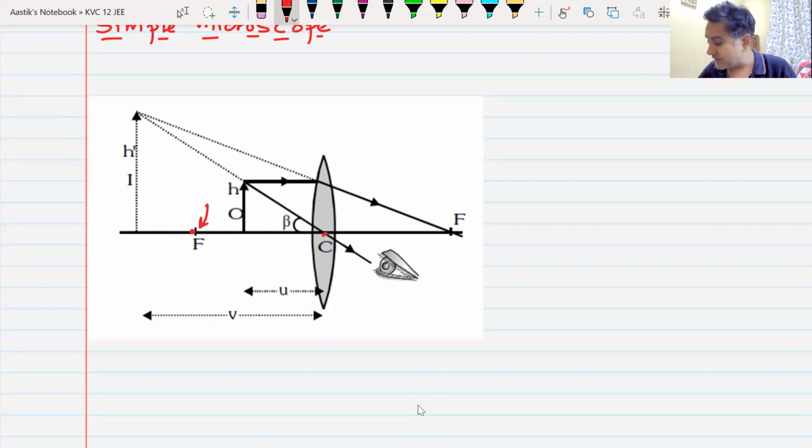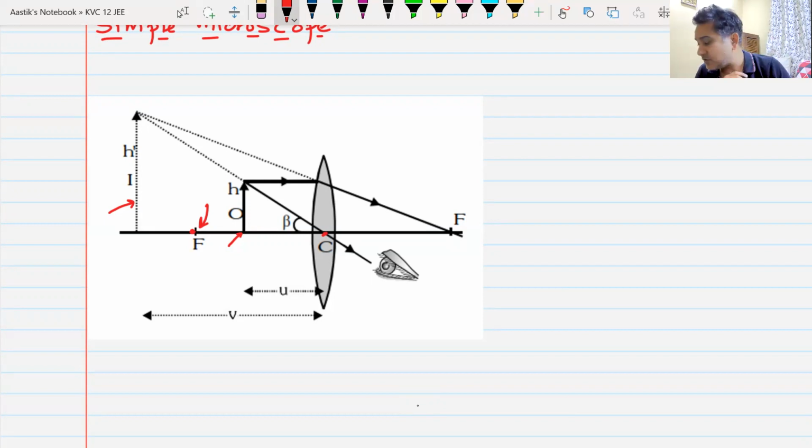When the object is placed between the optical center and the focus, the image that is formed is virtual, erect, and magnified. Do we remember this? Yes or no? As you can see, with respect to the object, that image is highly magnified, and this principle can be used to make a simple microscope.